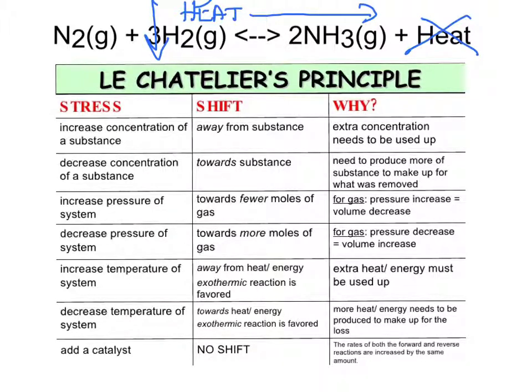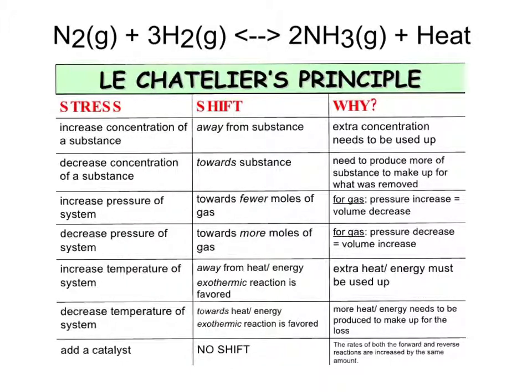All right? So what you have to now know and understand is you're always going to shift away from the stress when you add stress. In other words, if you're adding something to the reactant side, you're going to shift towards the product side. If you're adding something towards the product side, you're going to shift towards the reactant side.